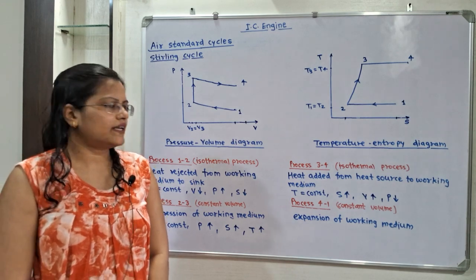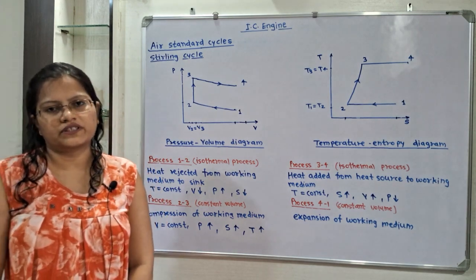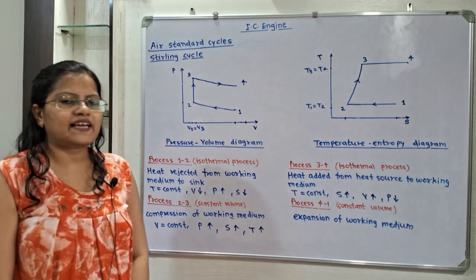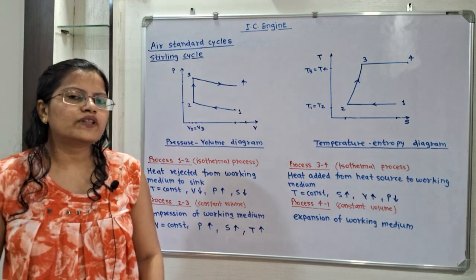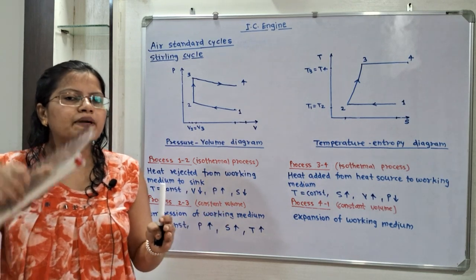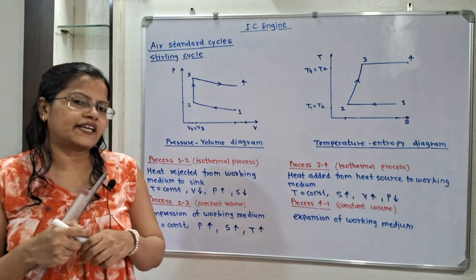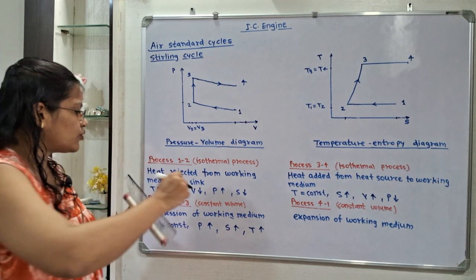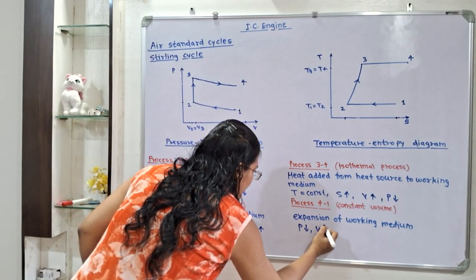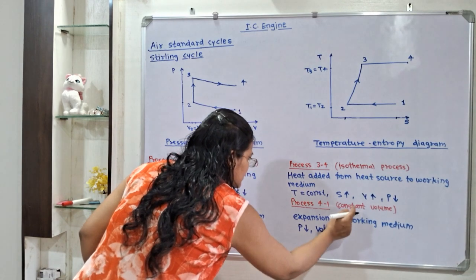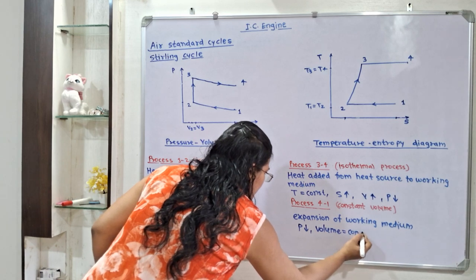Process 4 to 1 is the constant volume process, and during this process expansion of the working medium is taking place. So during the expansion of the working medium, its pressure is getting decreased. So we have to show the decrease in pressure. Then the volume will remain constant because this is the constant volume process.